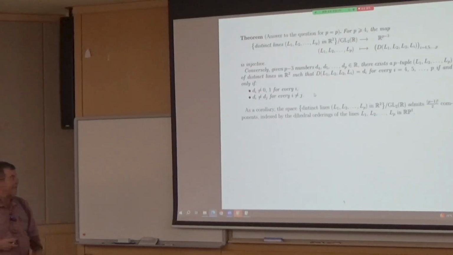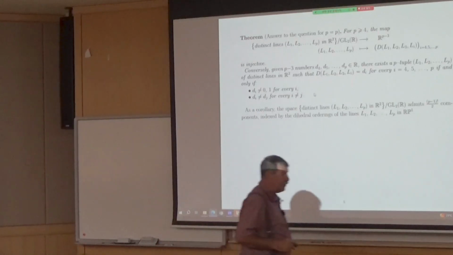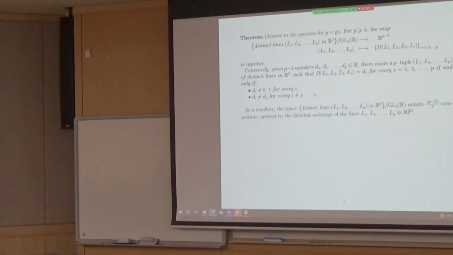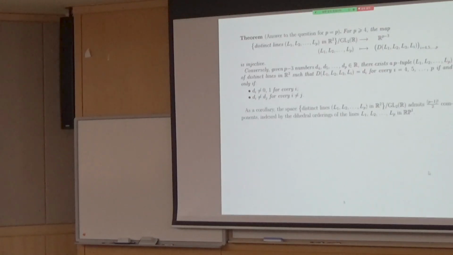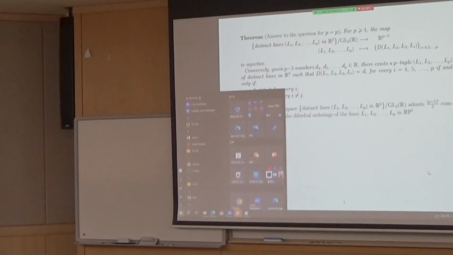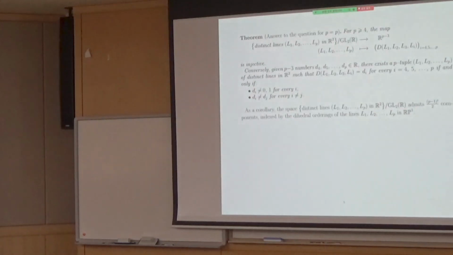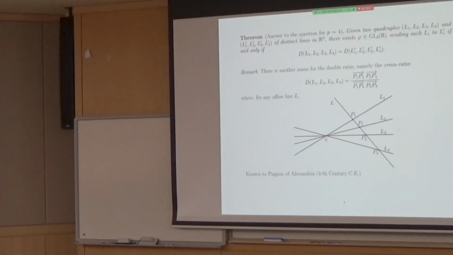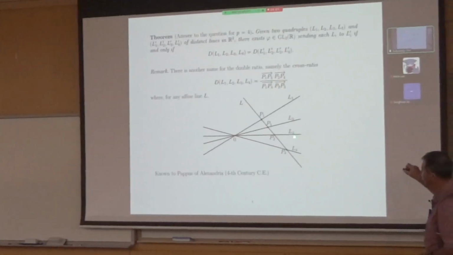If I got it right, namely it's the number of orderings of these lines up to dihedral permutation, namely up to cyclic permutation and also reflection. So for instance, if you go back to the previous slide, you might have noticed that I did not index L1, L2, L3, L4.